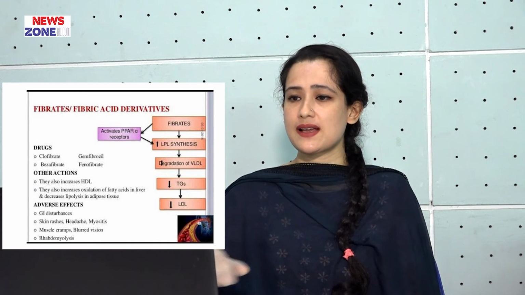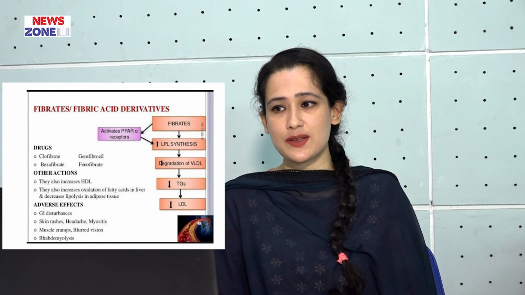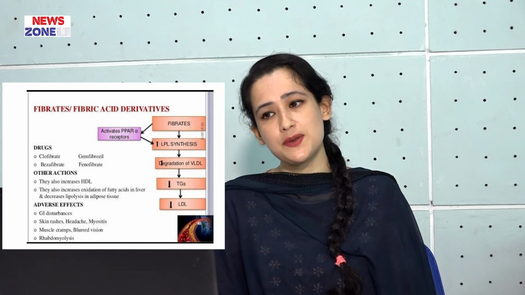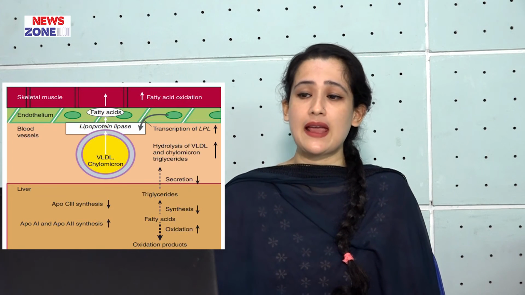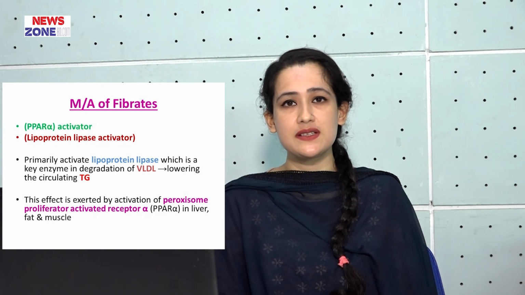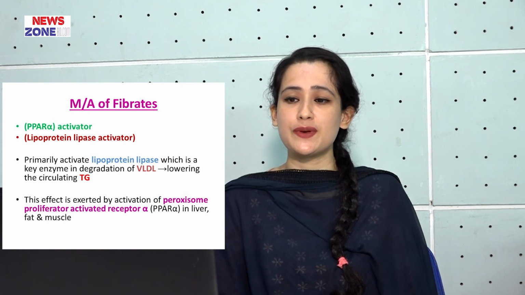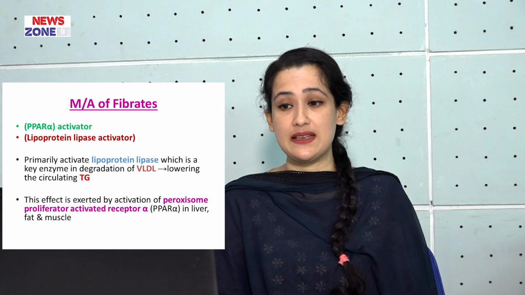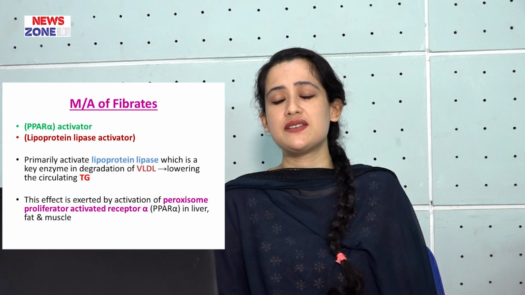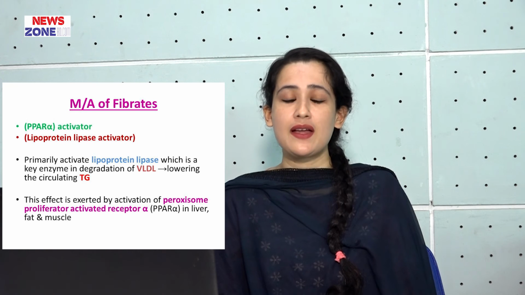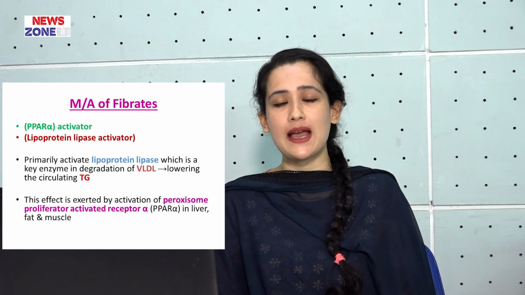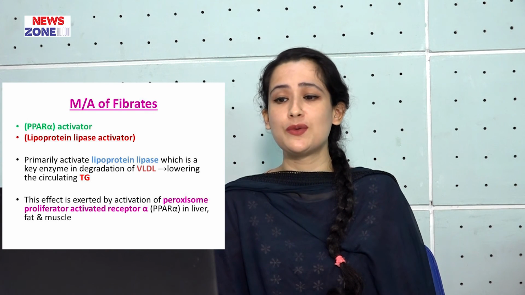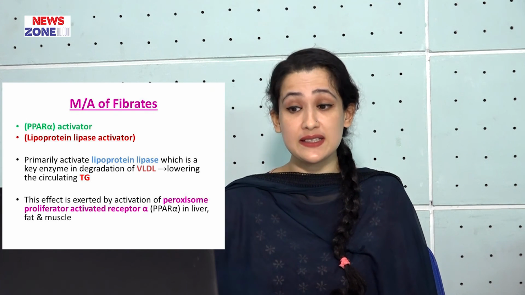Now, I am going to discuss the role of fibrates or fibric acid derivatives in reducing the serum triglyceride level. They act as activators of peroxisome proliferator activated receptor alpha and also activate the lipoprotein lipase enzyme. Primarily, they activate the lipoprotein lipase enzyme and increase the degradation of very low density lipoprotein and as well lower the circulating triglyceride level.